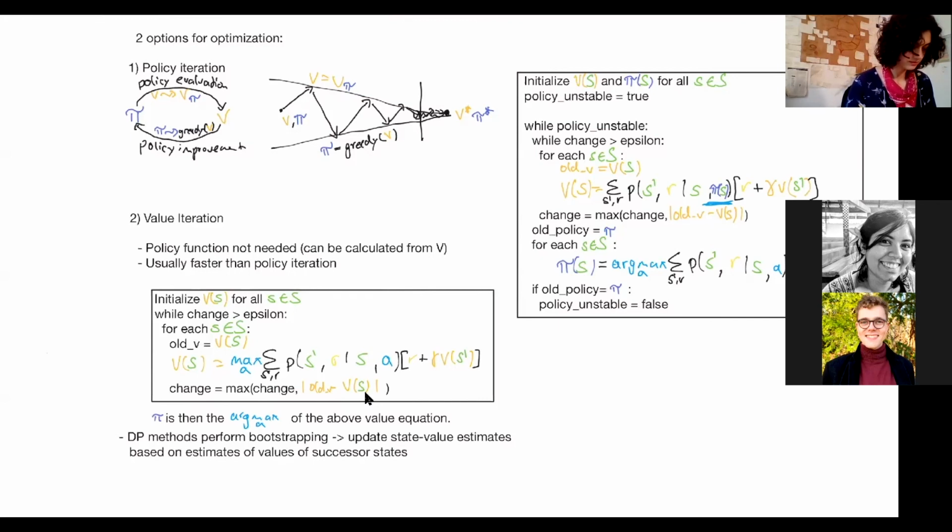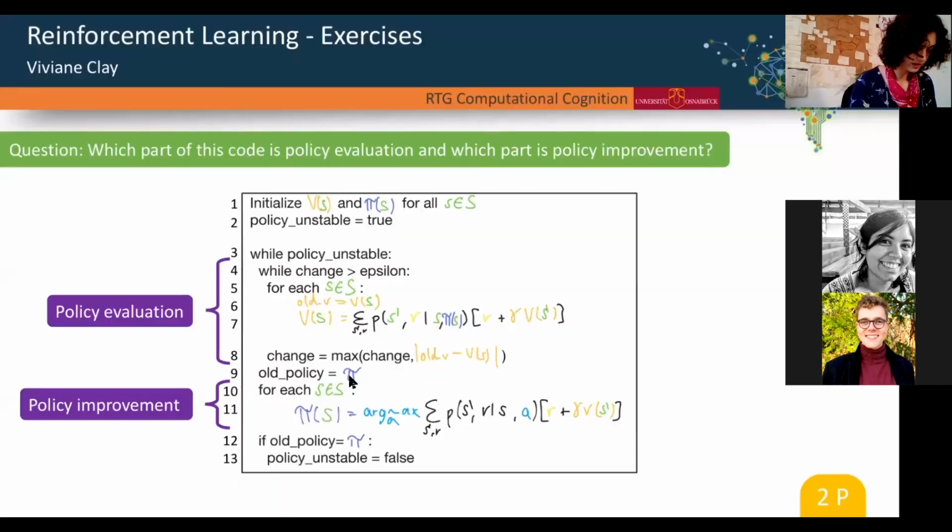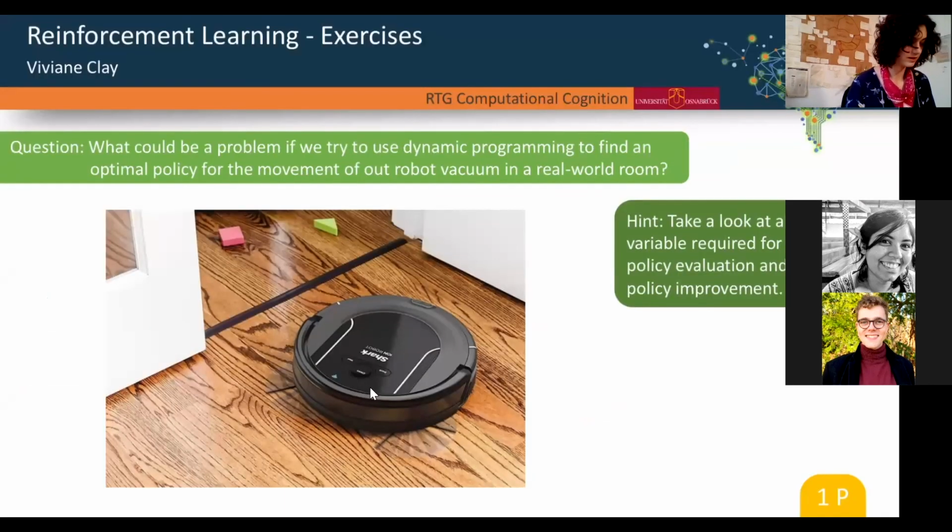Think about this dynamic programming and what might be a problem with it. So imagine we have a robot vacuum in a real-world room, and it's supposed to learn an optimal policy. And we want to use dynamic programming to find this optimal policy and value function. Think about what might be a problem with this.